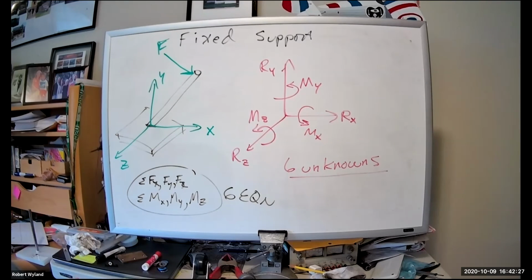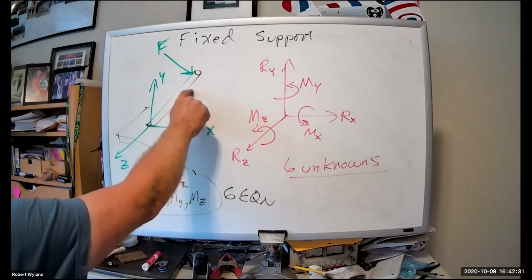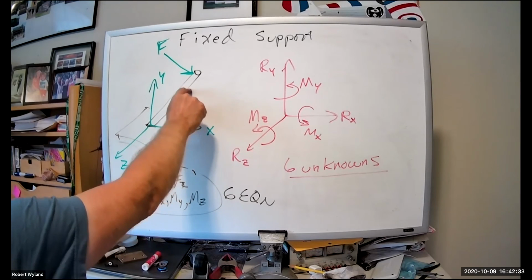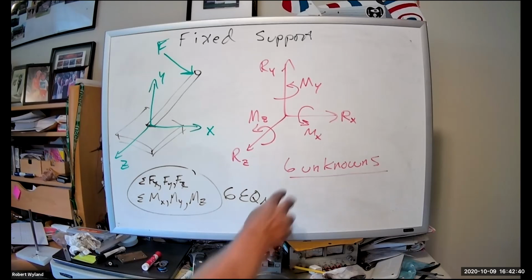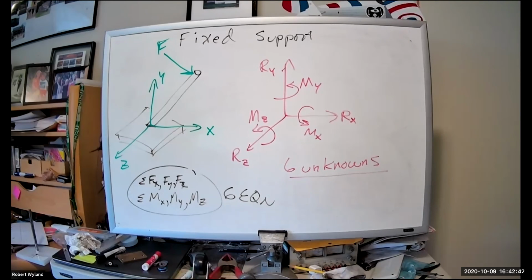But if you added another support in there, let's say a hinge or a pin or a ball joint or anything, it would become impossible to solve. When you have more unknowns than you have equations, it's what's known as indeterminate.